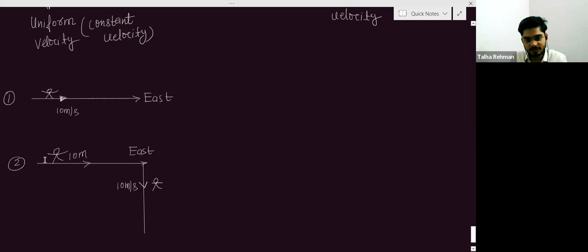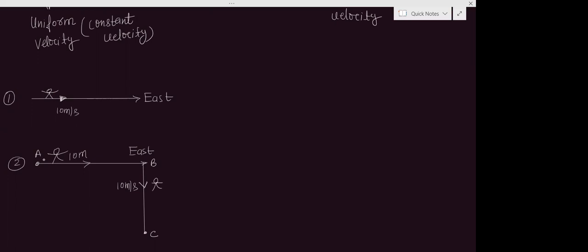So in this case during the motion from A to C, is the velocity changing or is the velocity constant? You can just think by your mind. The velocity is changing because he changed direction. Very good, well done.